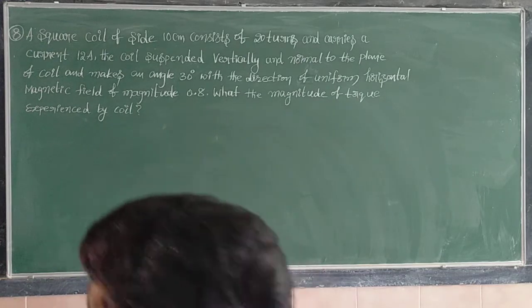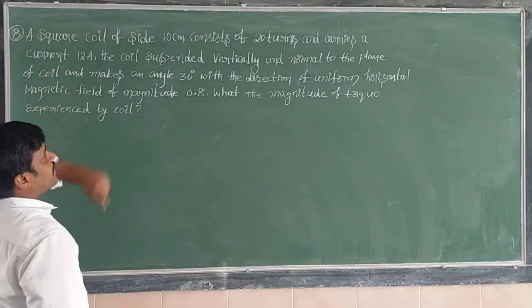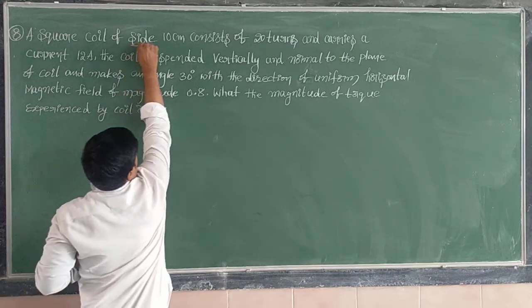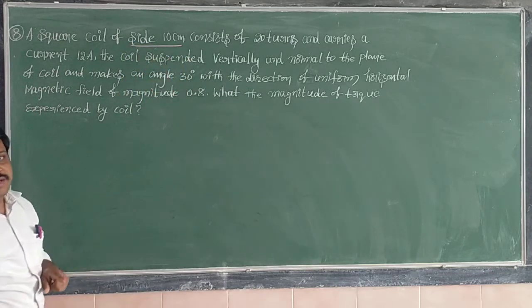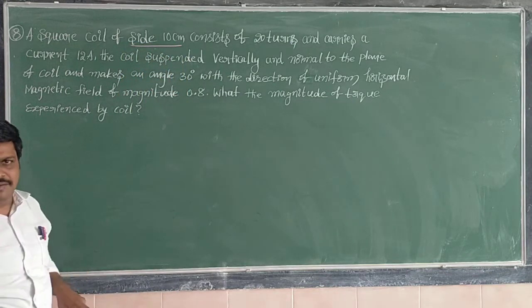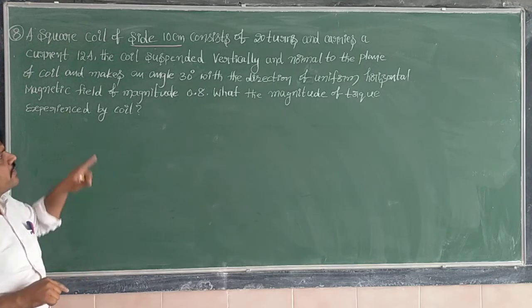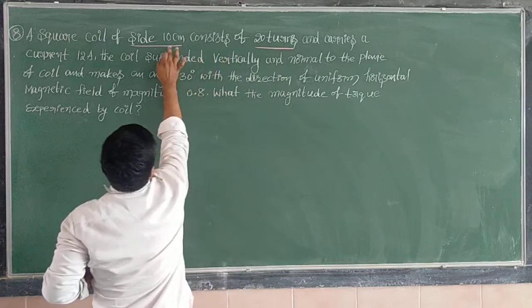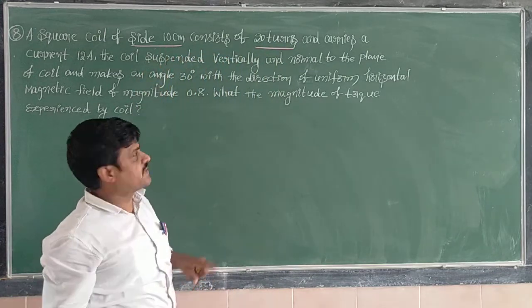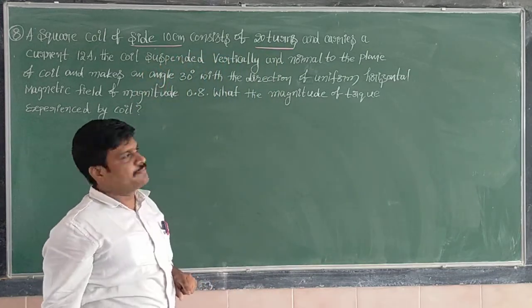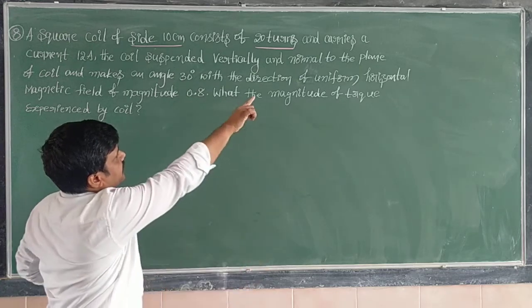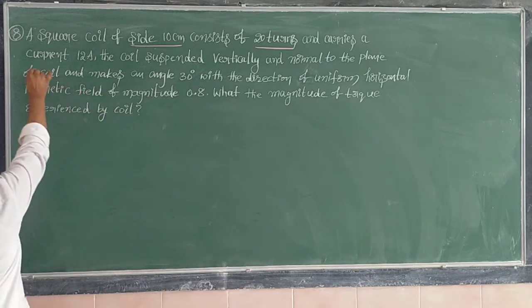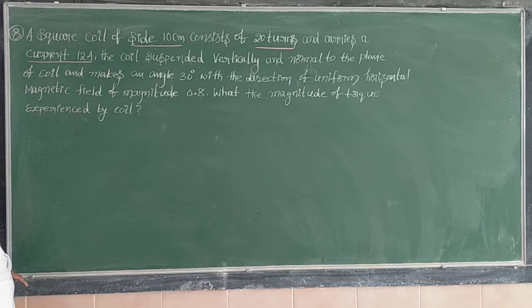First, you just see a square coil of size 10 centimeter, a square shaped coil. It consists of 20 turns and whose side, that means length, is 10 centimeter, and carries a current of 12 amperes.